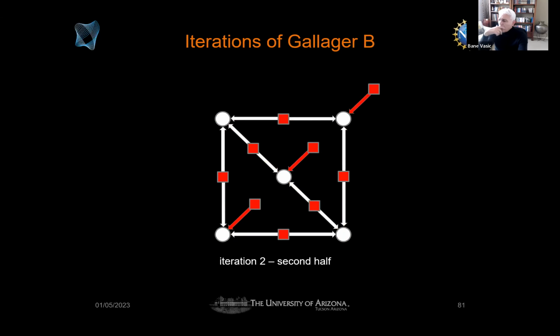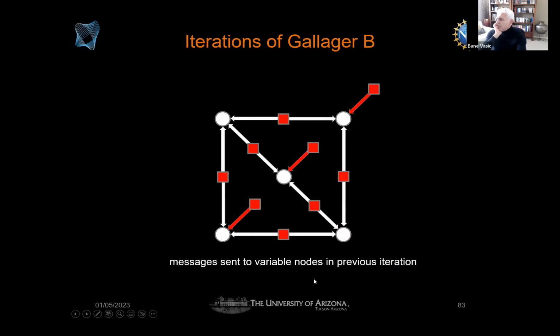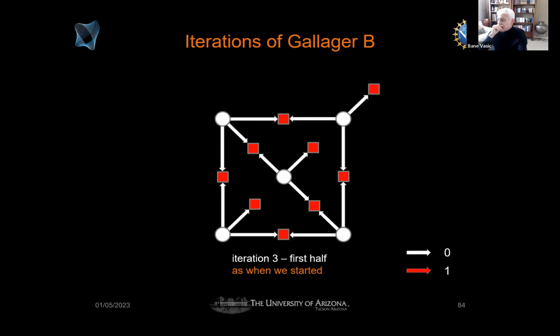And in the next iteration, you see the messages that are sent are majority. And finally, again, in the second iteration, I have a syndrome mismatch. And messages sent to variable nodes in the previous iteration is this.